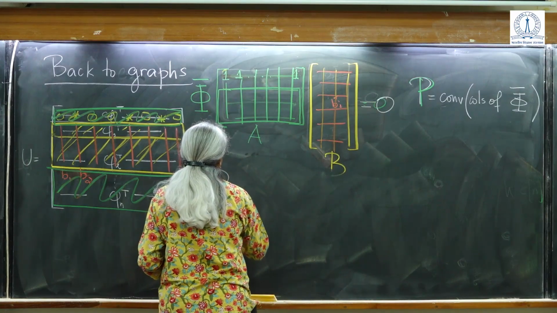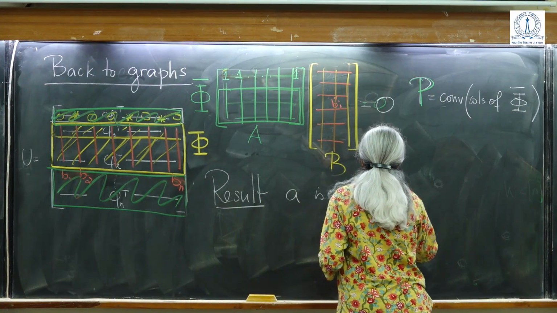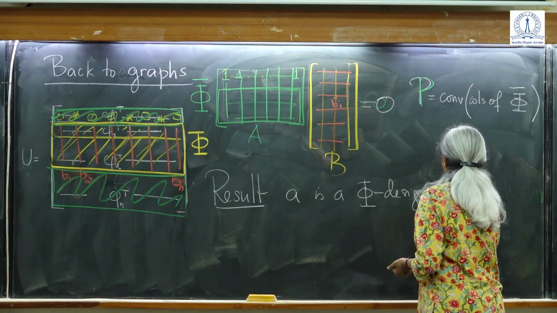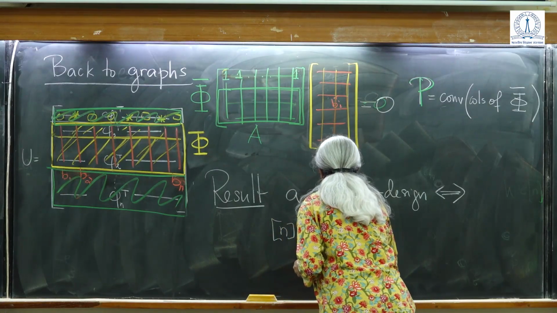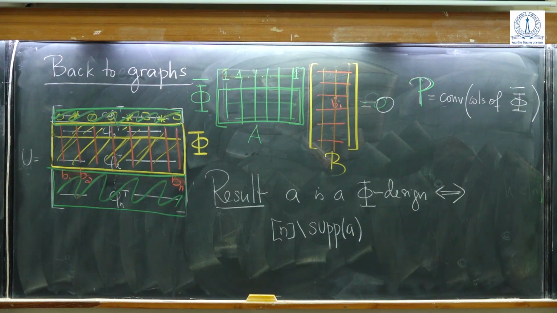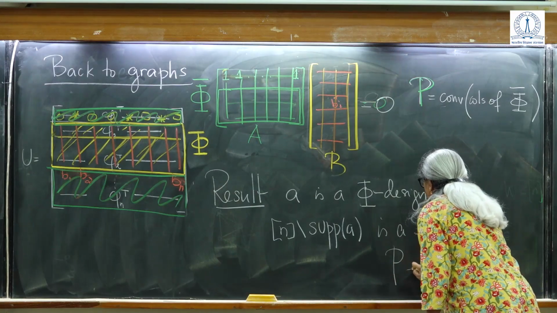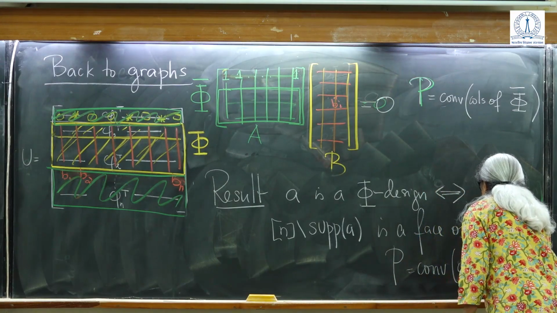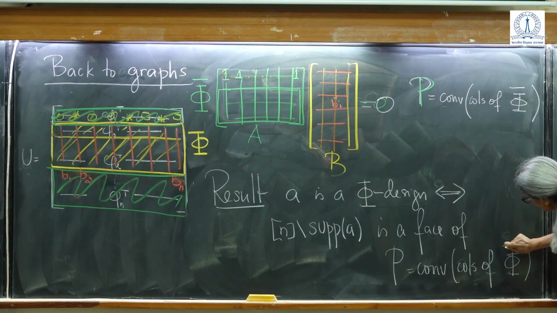The result is that A is a phi design if and only if n minus the support of A is a face of P, where P is the convex hull of the columns of phi bar. So remember, A is supported on some vertices. That's all we're really caring about. Okay, there are some weights there too. Okay, we'll do lots of examples.